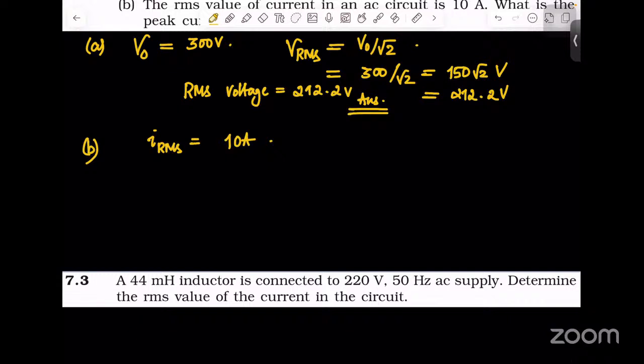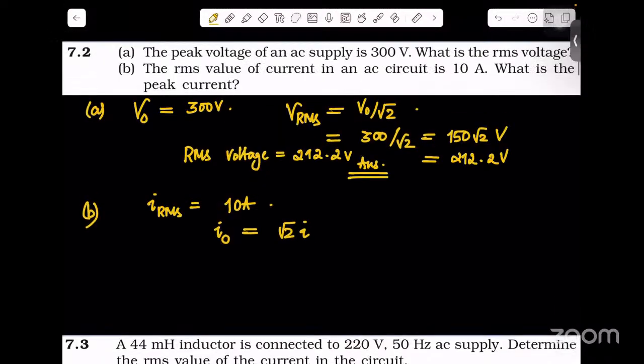Now, similarly, for the current, the relation for the peak current with the RMS current is peak current equals root 2 times the RMS current.